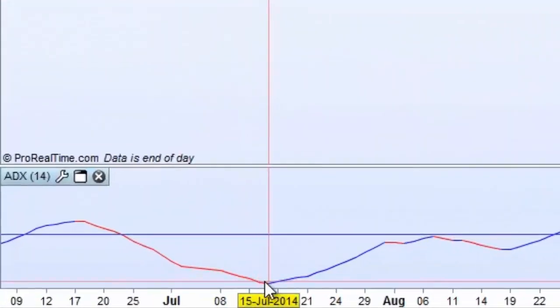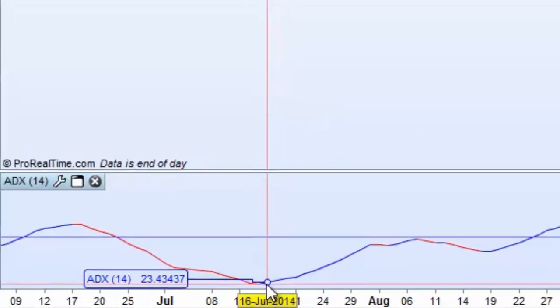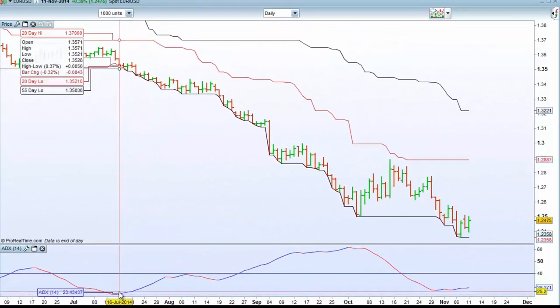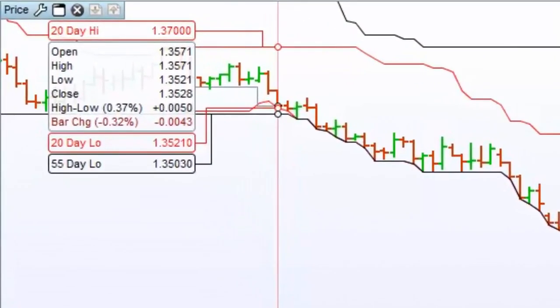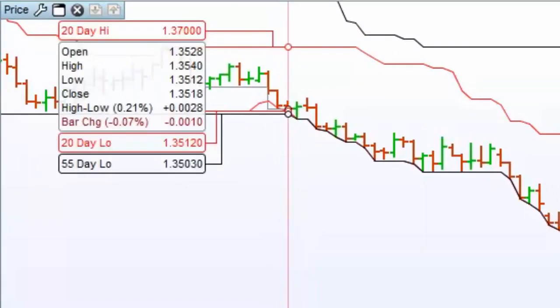And notice here, starting on this day, we have blue ADXs, which means we can now start entering orders to get short. So on this day, we'll place our first order to get short on a break of the 55-day low. Now on this day, nothing happens. The next day, nothing happens.